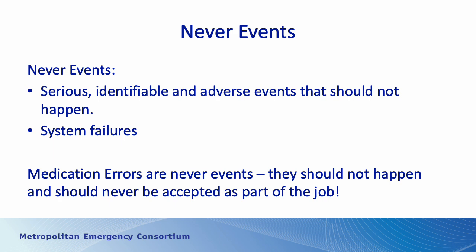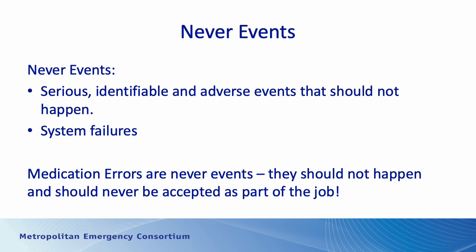So just a comment about never events. Never events are serious, identifiable, and adverse events that should not happen. They're generally seen as system failures. Examples are a patient has surgery and a hemostat is left inside the abdomen. They close the abdomen and then later find the hemostat and they have to go in and take it out.